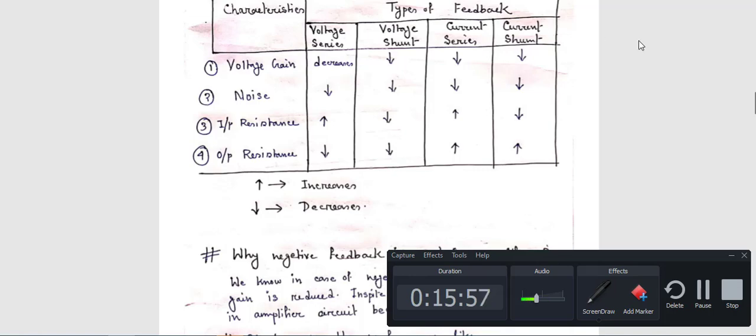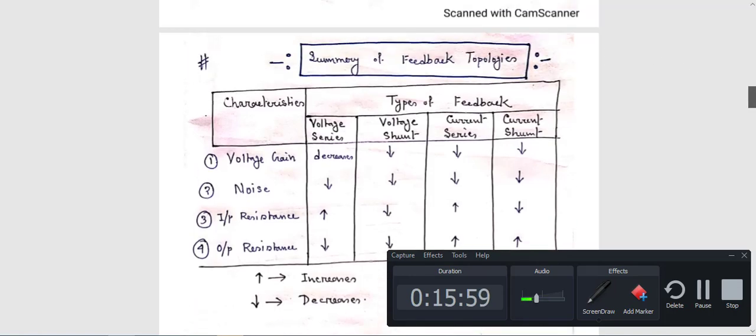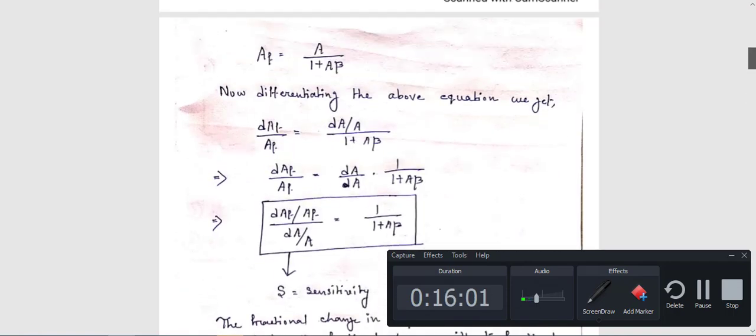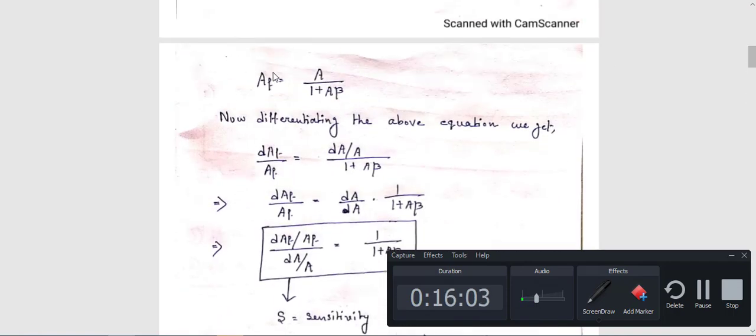How can you say that voltage gain is reduced? See, this is the expression for the overall gain of the negative feedback amplifier. Since it is divided by 1 plus A beta, the gain is reduced by that amount, 1 plus A beta.